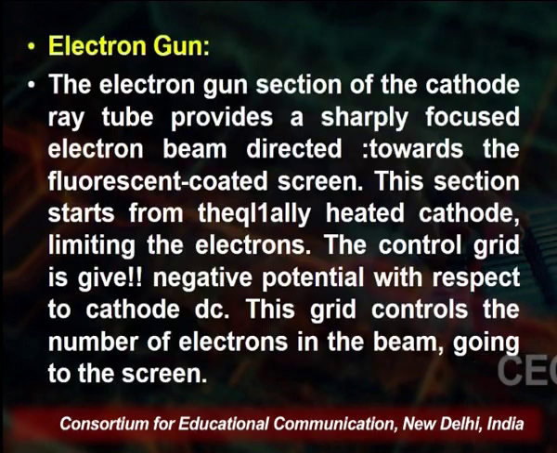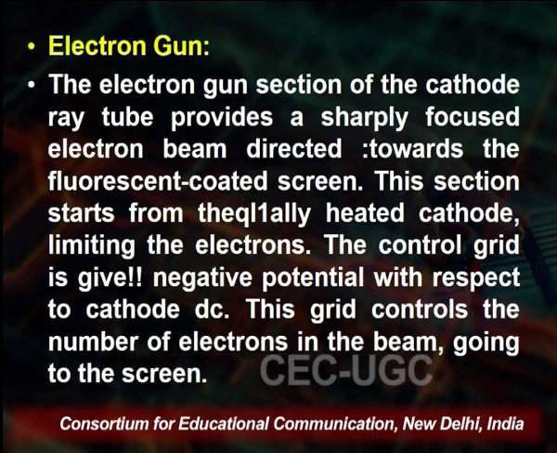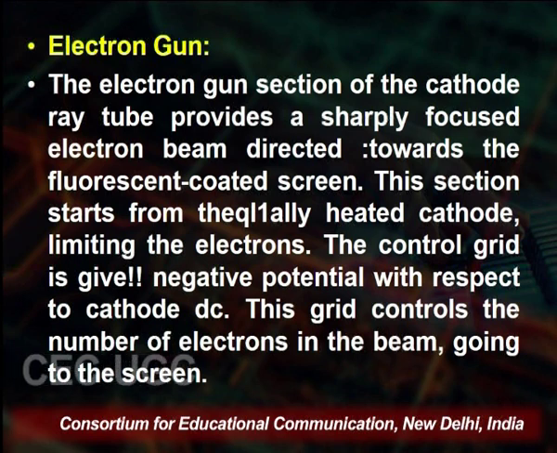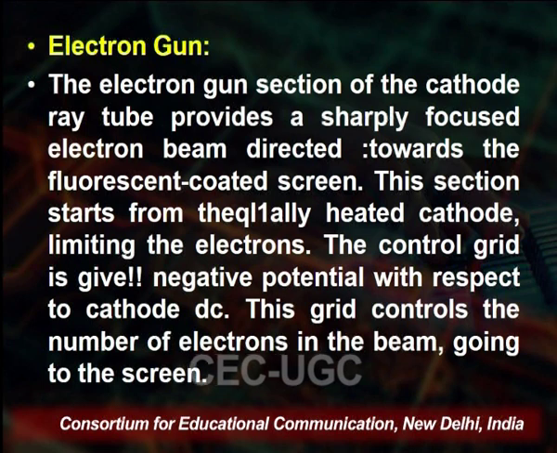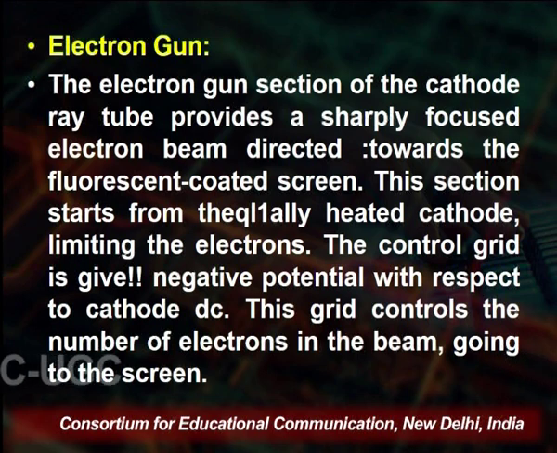The first part we will discuss is the electron gun. What is this electron gun? The electron gun section of the cathode ray tube provides a sharply focused electron beam, which is directed towards the fluorescent coated screen after multiple deflections.